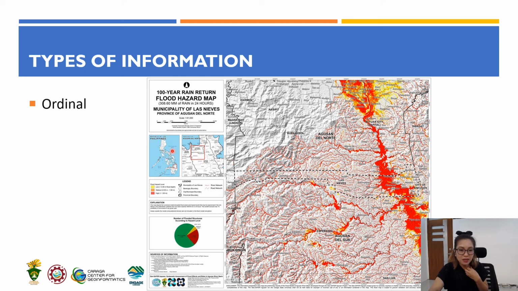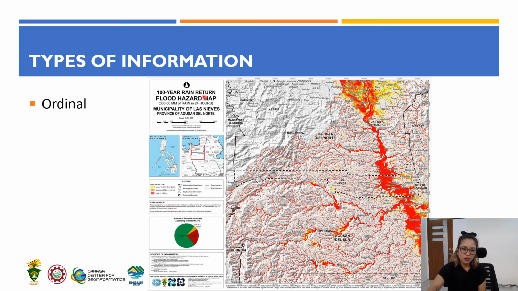The Philippines, and where this is zoomed in, the red polygon is represented here. And from here, where it is zoomed, you will see it in this inset map at the right side. So two inset maps, to make it easy to understand and read. And there are sources of information, the disclaimer, and the explanation.